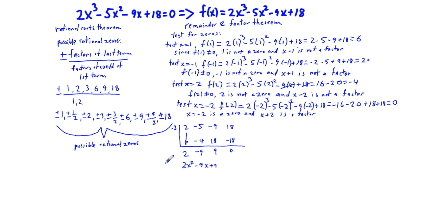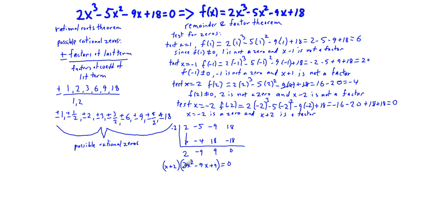And so we know that this equation factored is going to be quantity x plus 2 times quantity 2x squared minus 9x plus 9, and we can set this equal to 0. Now if we can factor this 2x squared minus 9x plus 9, we have a little bit of a complication here.